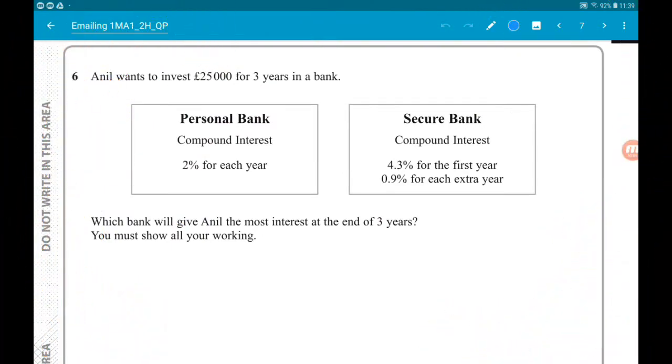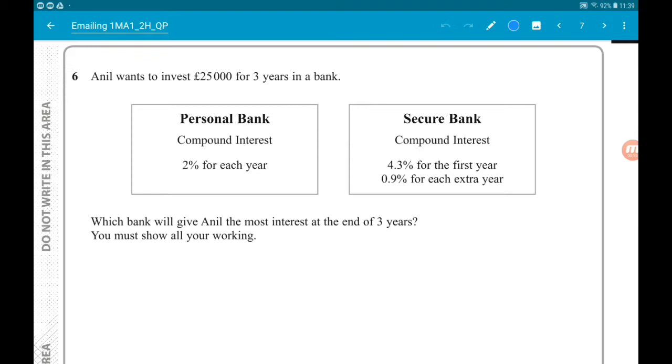Okay, number 6, we have compound interest, so my percentage increase and decrease playlist is down below. So, Neil wants to invest £25,000 for 3 years in a bank.